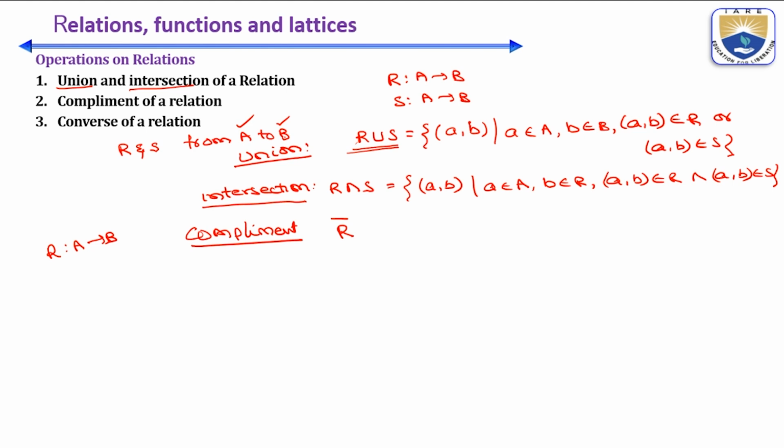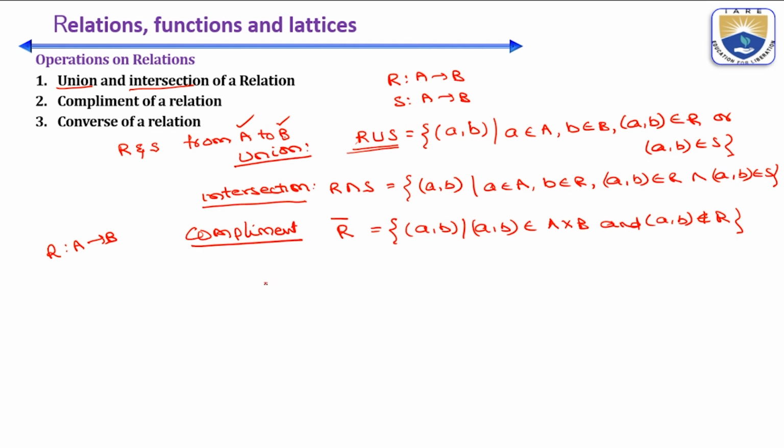The complement of R is defined as the set of all ordered pairs (a, b) such that (a, b) does not belong to R, but it belongs to A cross B. In this way we define this.